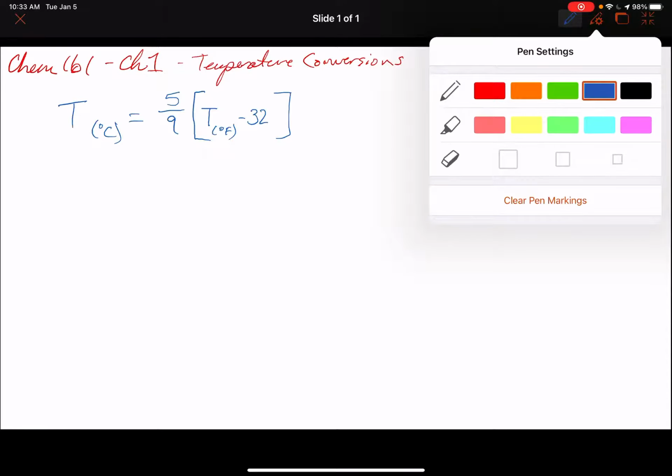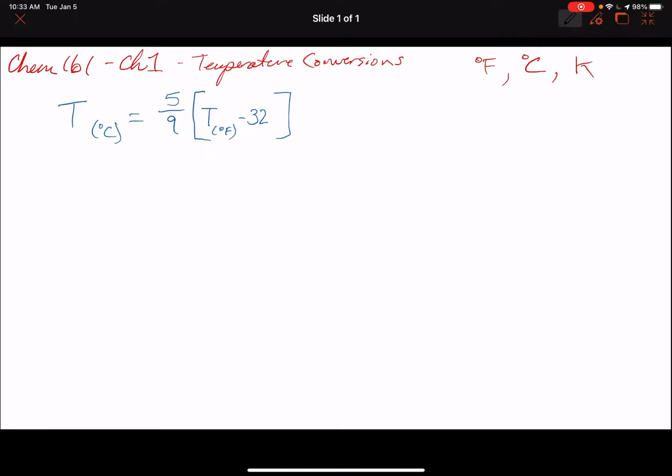Another equation is one where we can go from degrees C now to degrees Kelvin. So the temperature in Kelvin units will equal the temperature in degrees C. Okay, so note that if we're presented with degrees Fahrenheit information and we need to go to degrees Kelvin, we're going to need to use both of these equations.